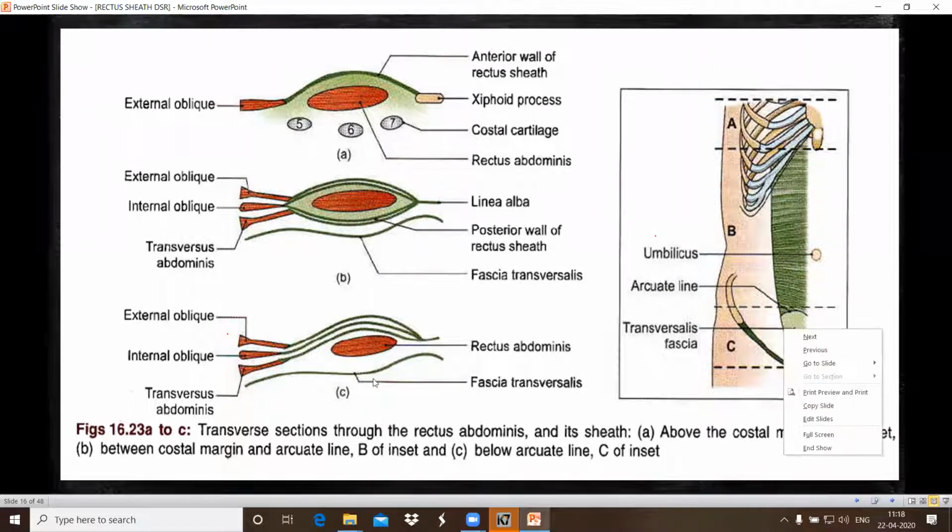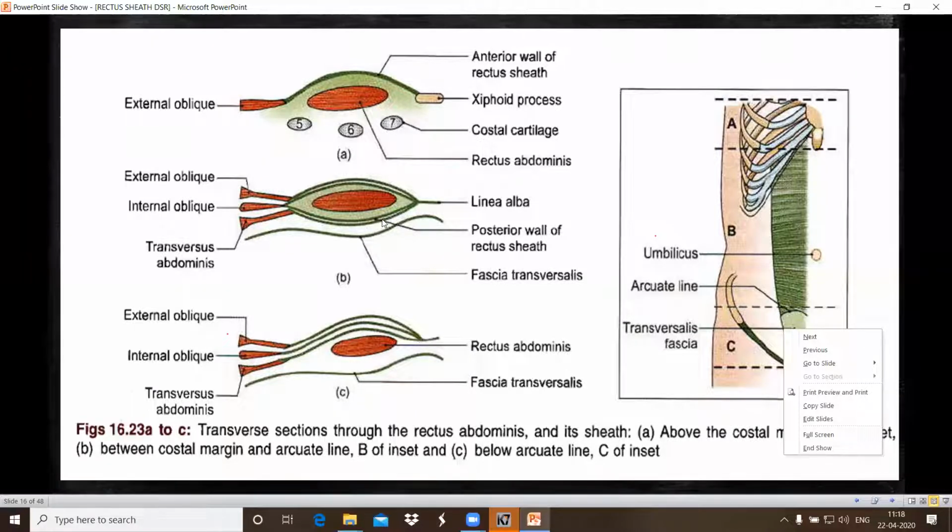And below the midpoint it is deficient, so the rectus lies directly over the fascia transversalis. That means the posterior wall is present only at the middle level, not above the costal margin and not below. Above the costal margin, the rectus abdominis lies directly over the costal cartilages. Below the midpoint, it lies over the fascia transversalis.